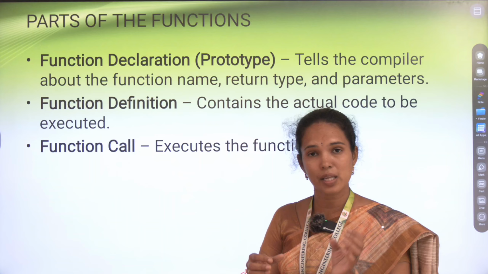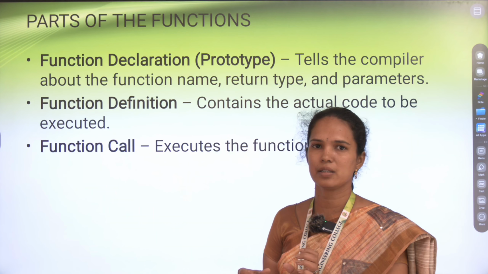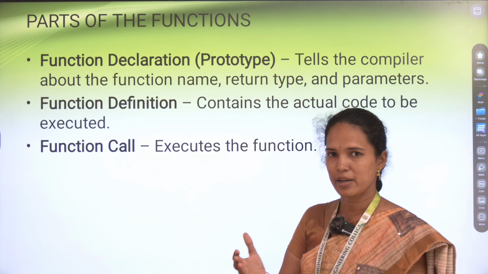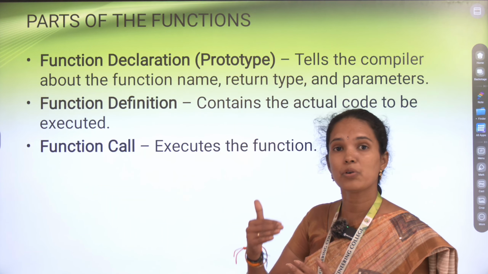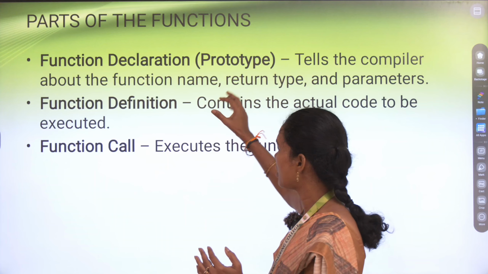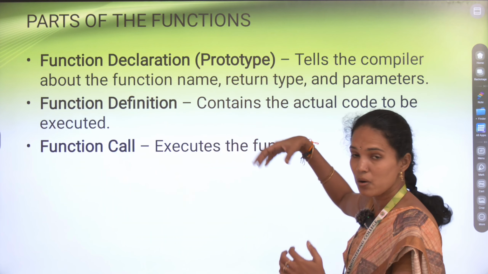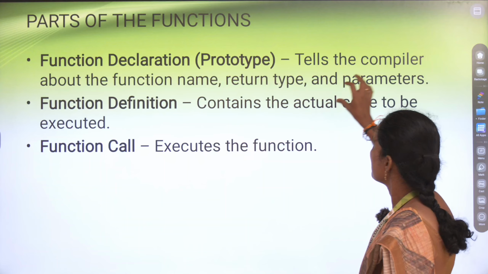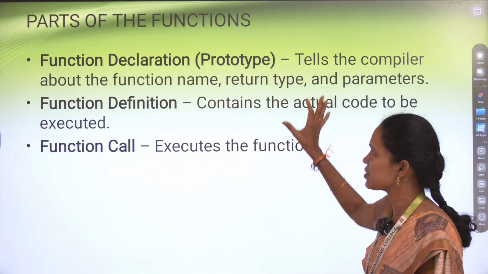Like that we say what type of data it is and how many bytes it needs, and we declare it before using that variable. The same way, before using the function, you have to tell the compiler what the function name is, what the return type is and what the parameters are. That is function declaration.